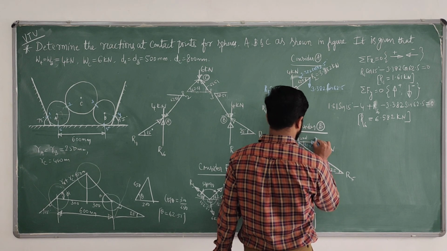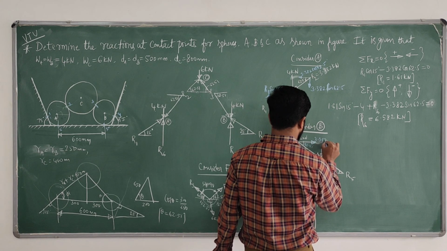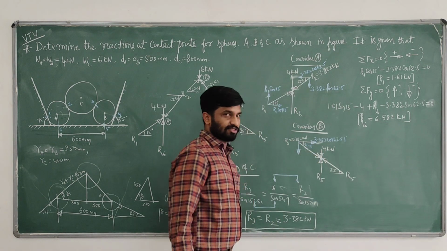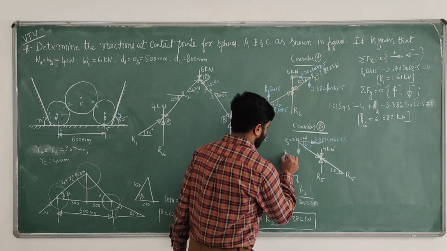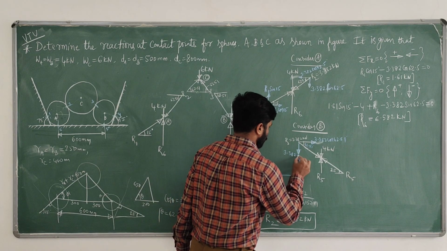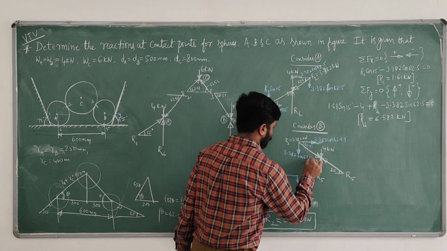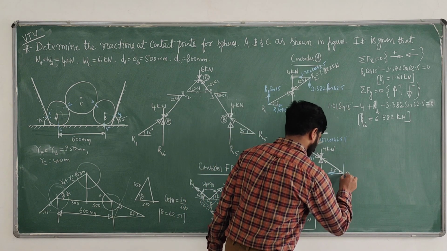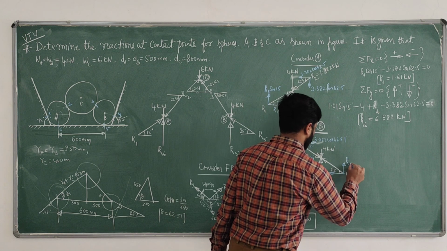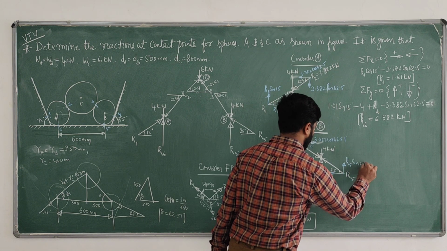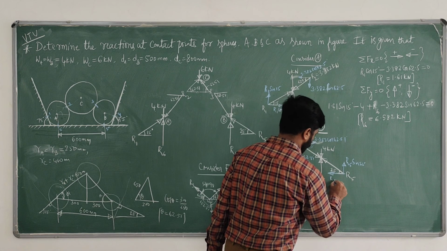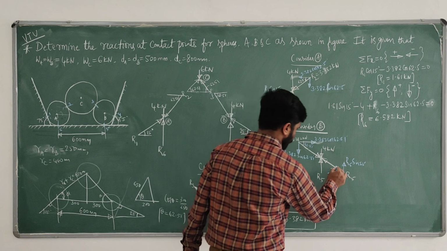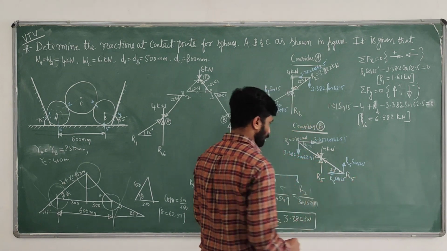If you resolve this, you are getting 3.382 cos 62.51, because the inclination angle is cos theta, and the remaining one is 3.382 sin 62.51 degree. And resolving R5, we are getting R5 sin 25 and R5 cos 25 degree.